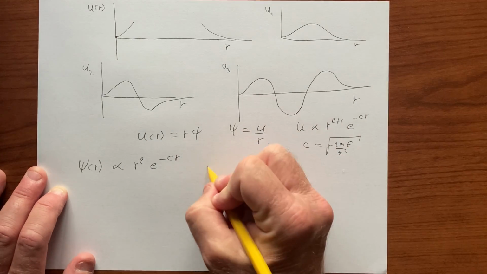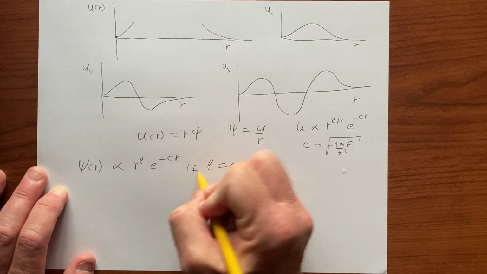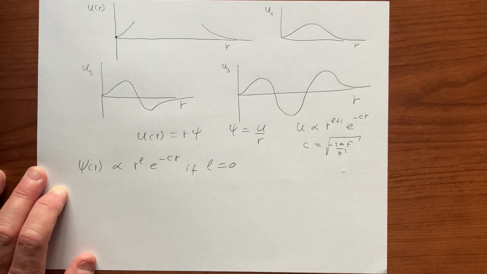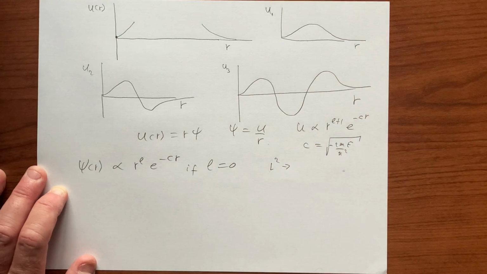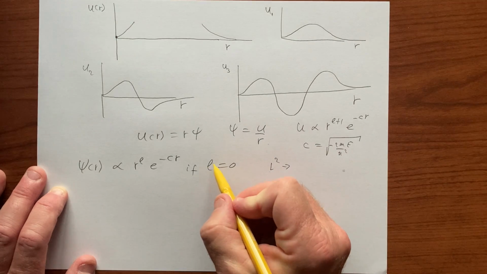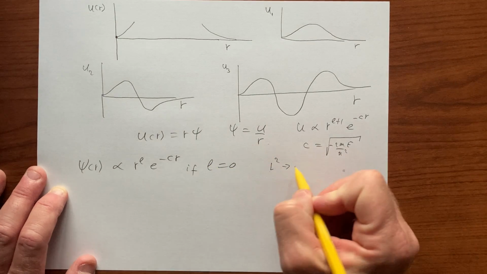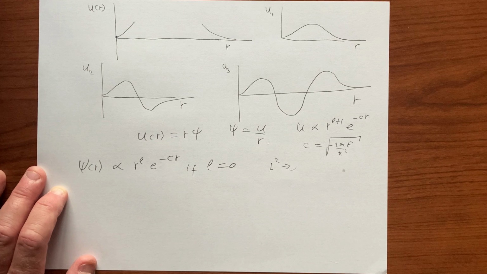So l can be 0, that's a value that's possible. That basically corresponds to 0 angular momentum, because remember the eigenfunctions of L squared are directly related to this number. When this is 0, then the eigenvalue for L squared is 0, and the squared angular momentum is 0.